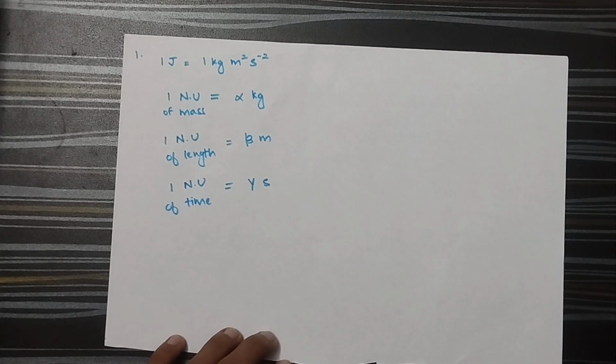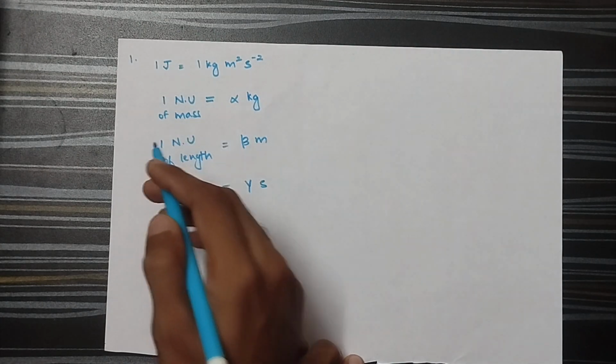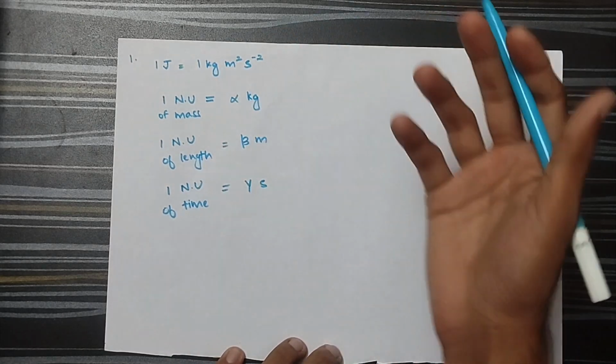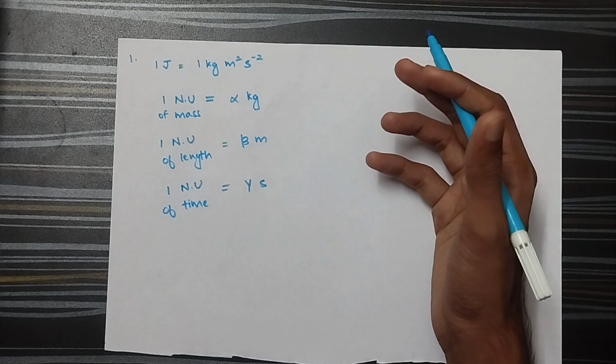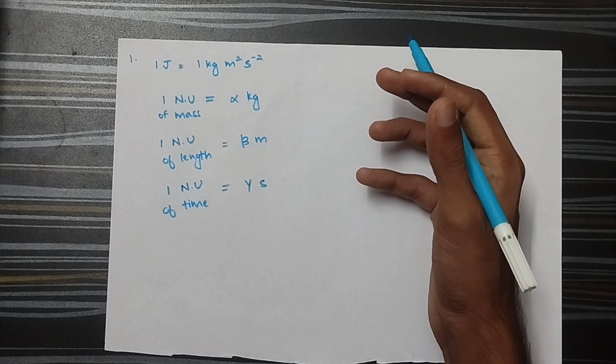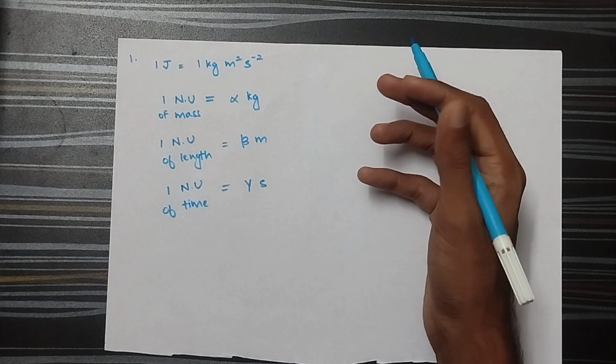Okay, so what can we infer from this? 1 new unit of mass is alpha kg. We have to convert this kg, meter and second into alpha, beta and gamma. And we have to show that it is equal to 4.2 alpha inverse beta inverse square gamma square.